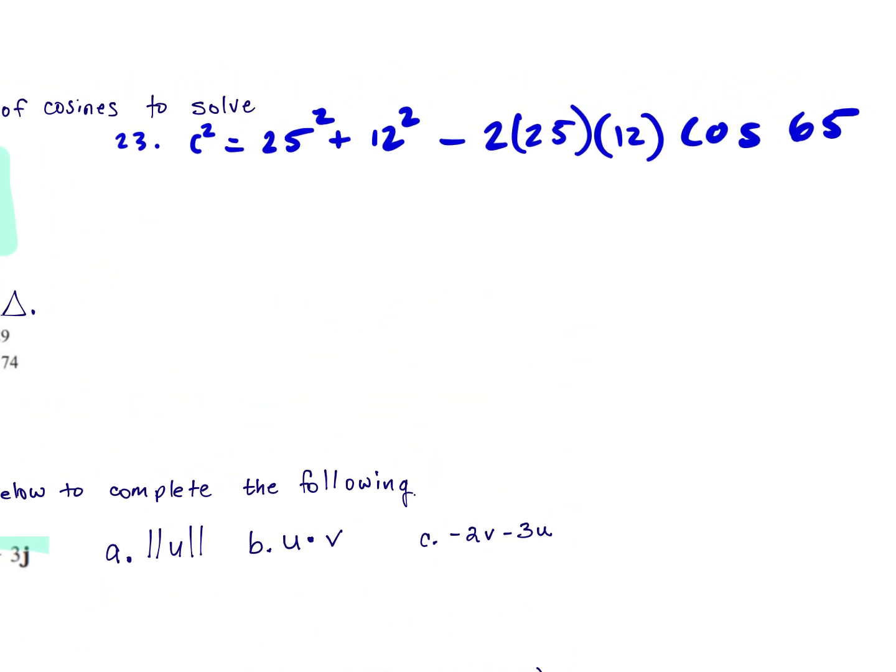So we have 25 squared plus 12 squared minus, and I'm going to put this all in parentheses, 2 times 25 times 12 times the cosine of 65. So we get C squared equals 515.4. We can take the square root of both sides, so the square root of this would be 22.7.